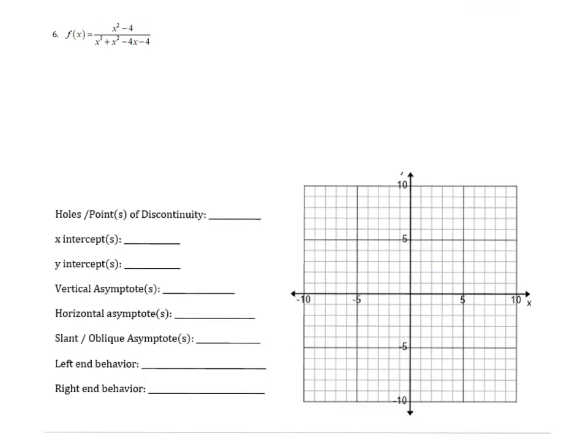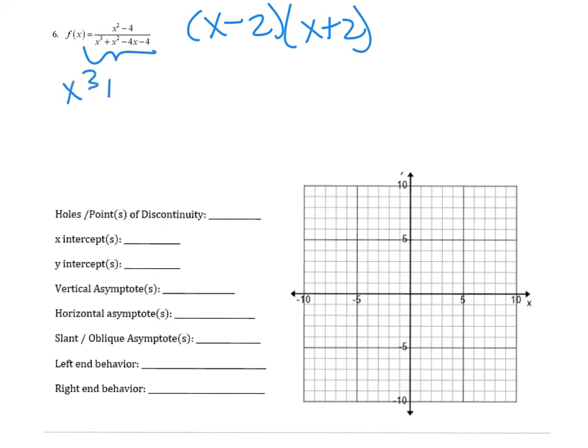Okay, last one. So let's factor this one. So my x squared minus 4 factors to x minus 2, hold on, x plus 2. And then this one I can do with long synthetic division, or this one should be easy enough that I can do factoring by grouping. x cubed plus x squared minus 4x minus 4. I can group.